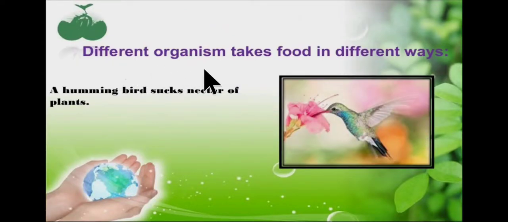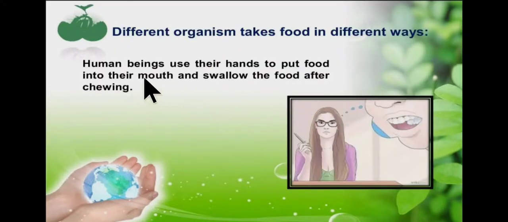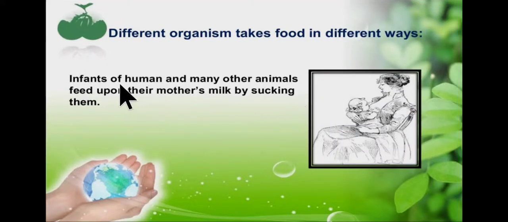Now, different organisms take food in different ways. For example, a hummingbird sucks nectar of plants. Human beings use their hands to put food into their mouth and swallow the food after chewing. Infants of humans and many other animals feed upon their mother's milk by sucking.